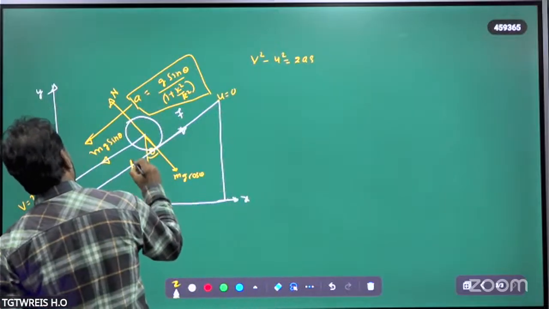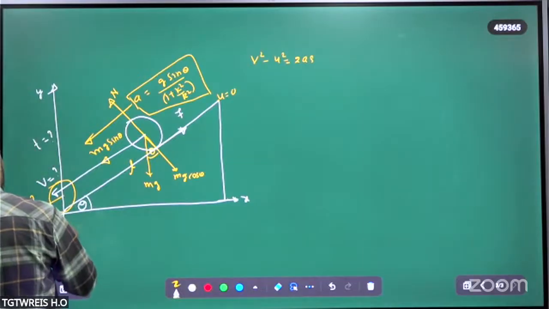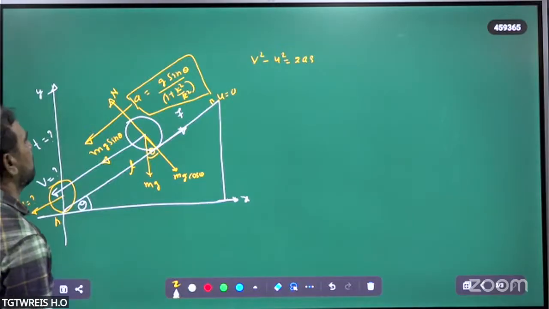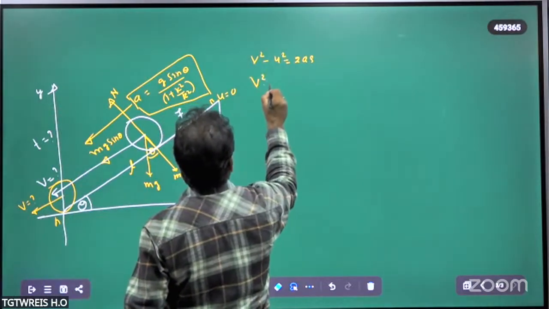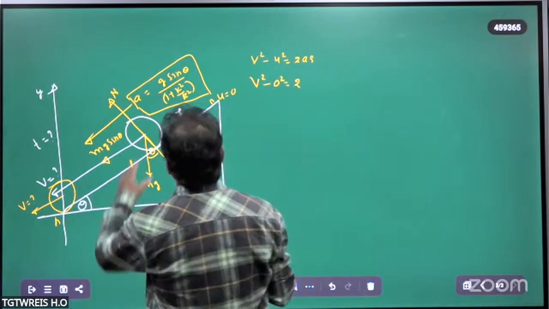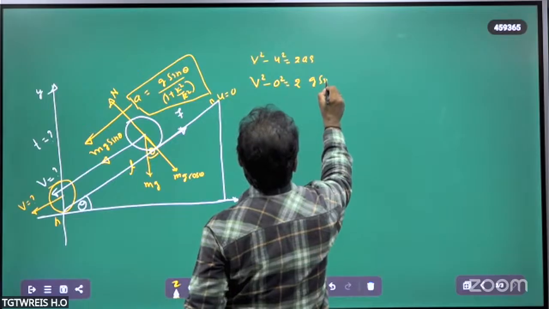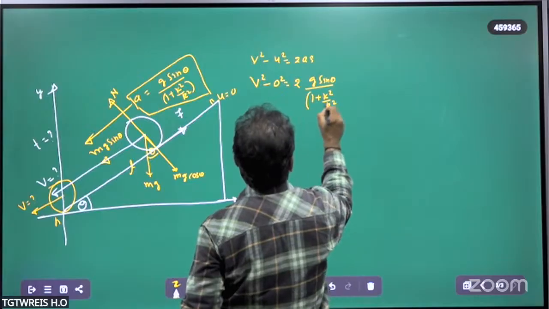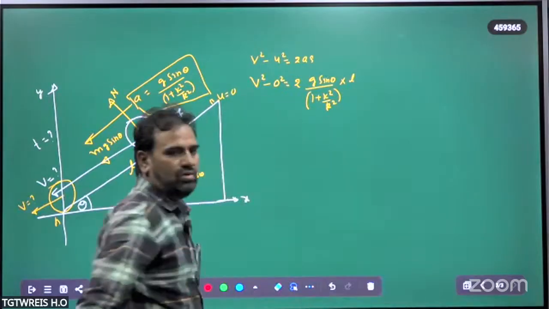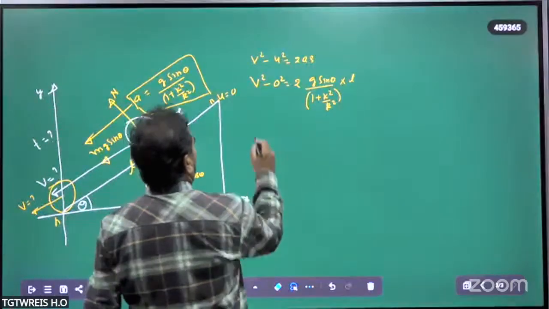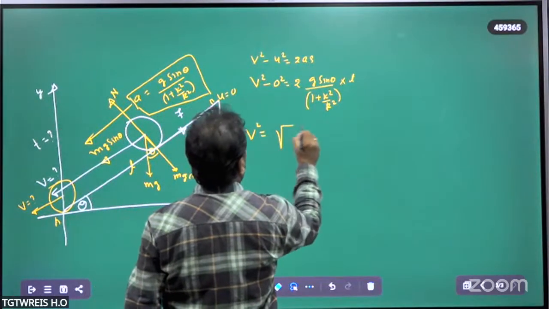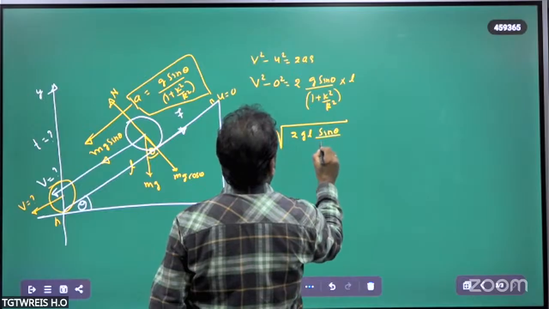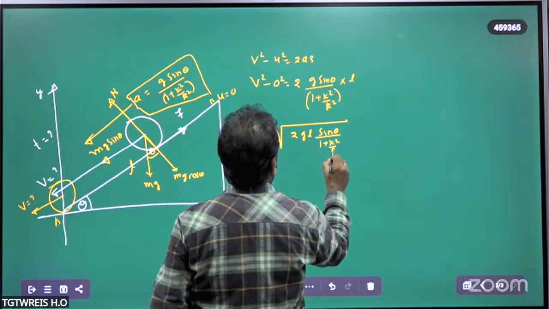Let's take the length of the plane to be L. V square minus u square is equal to 2as, that means v square minus 0 square is equal to 2 into the value of a, which is g sin theta upon 1 plus k square upon r square, into L. So from this, v square is equal to 2gL into sin theta upon 1 plus k square upon r square.